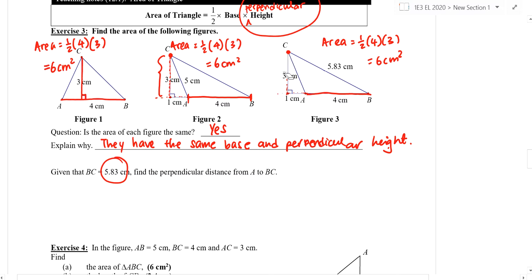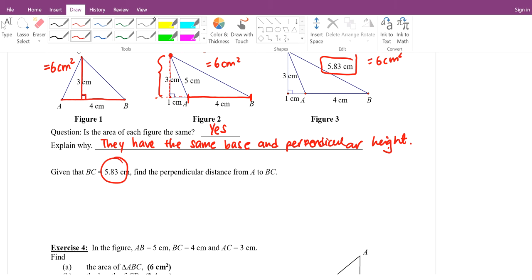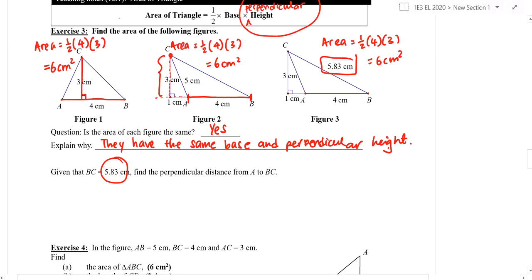So let's remove all the other information. BC is 5.83. Find the perpendicular distance from A to BC. Let's find out where exactly this line is. So a perpendicular distance from A, so A is over here, to the line BC. We have infinite lines from A to BC.